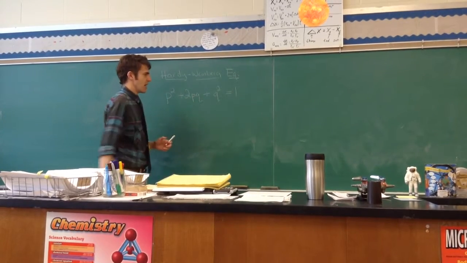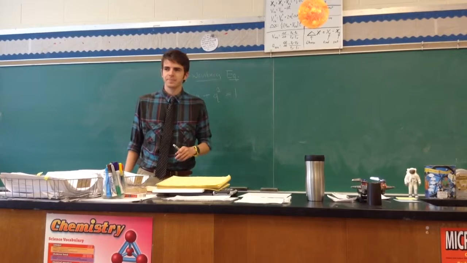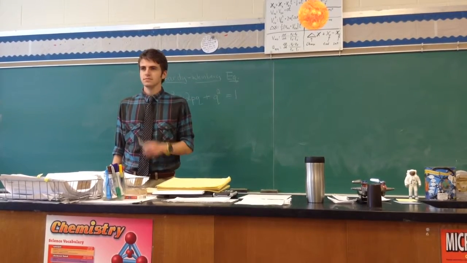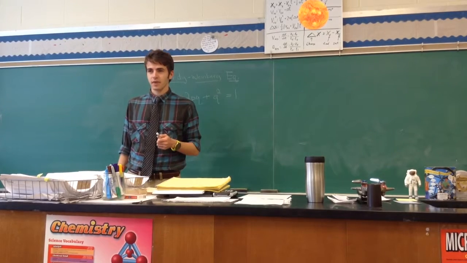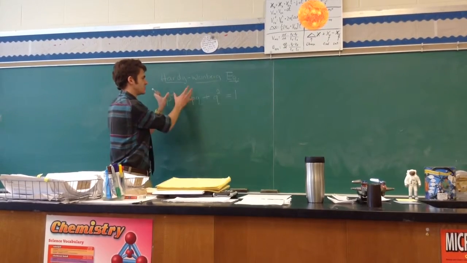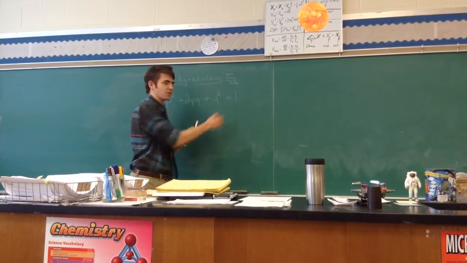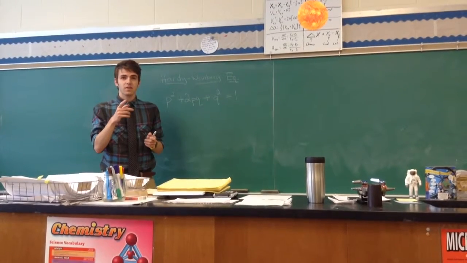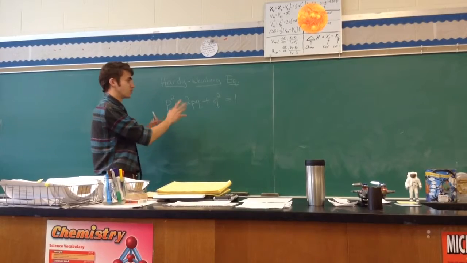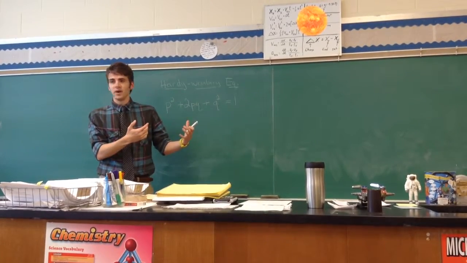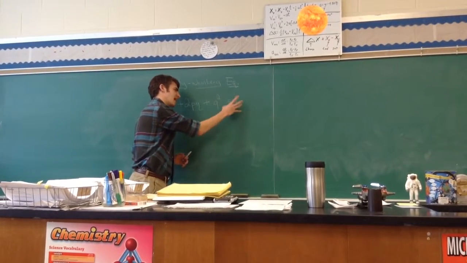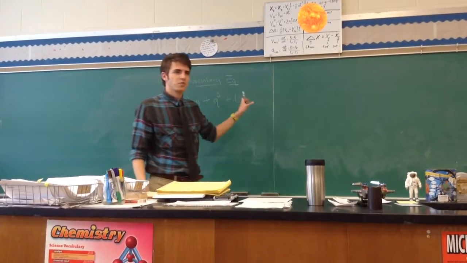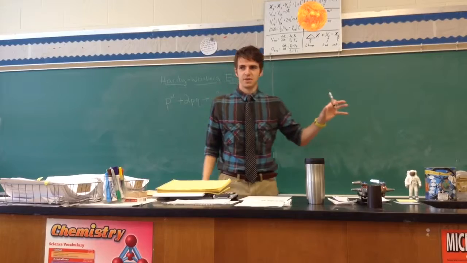What does my q have to do in response? Increase? If I increase both of these, is it going to equal 1 still? Decrease, right. So whatever I do to one, I have to do the opposite to the other one, because it always has to equal 1. You're always talking about 100% of the total possibilities.